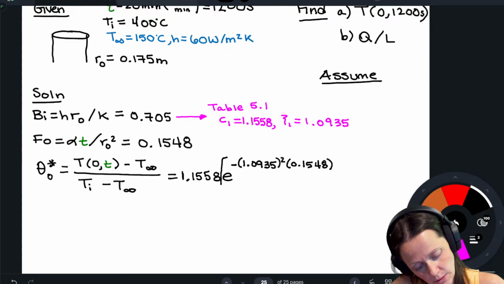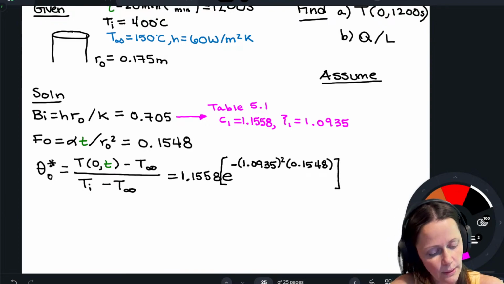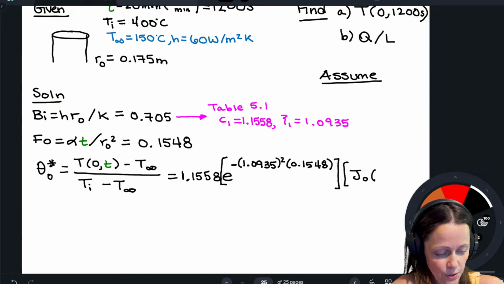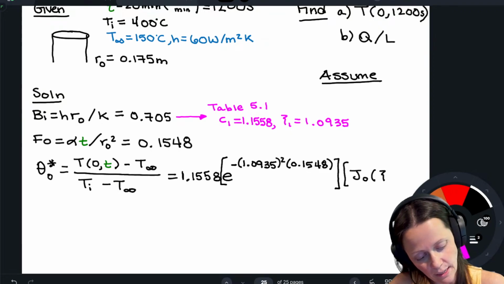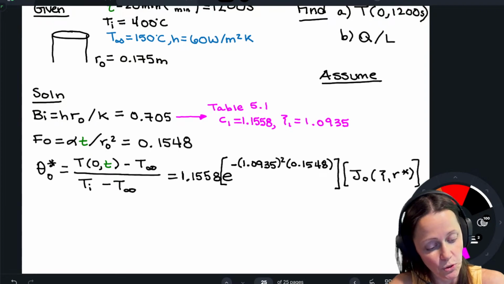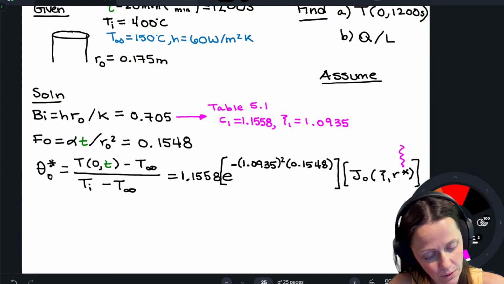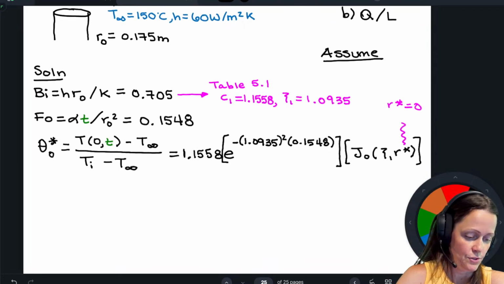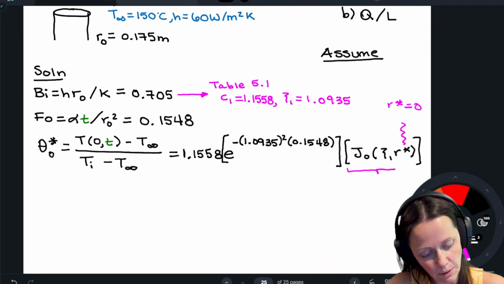And then we are looking at the center, so it's zeta 1 times r star, but because we're looking at r equals 0, r star is going to be 0. That means this whole value is just going to be 1.